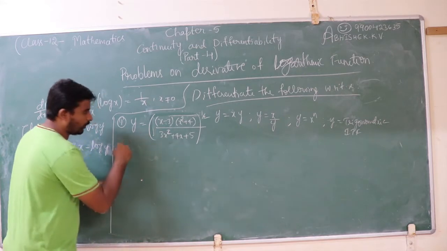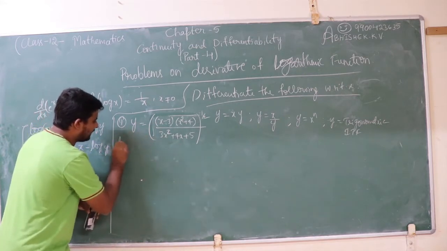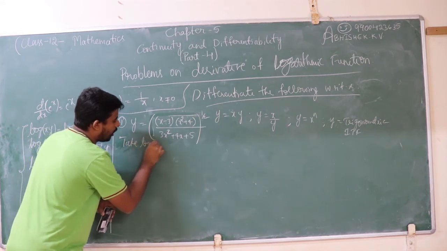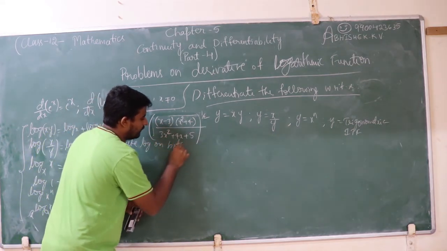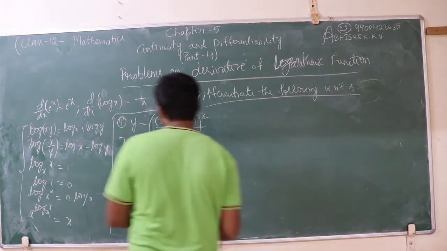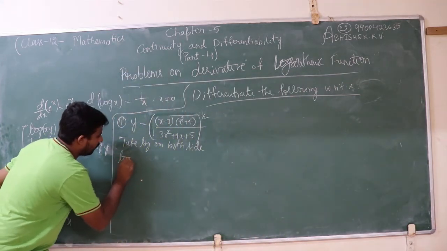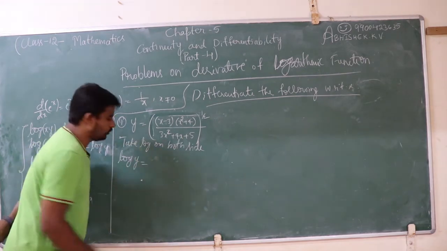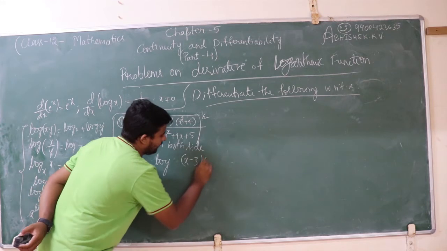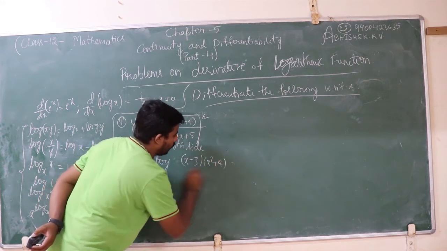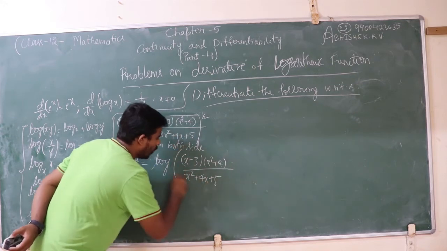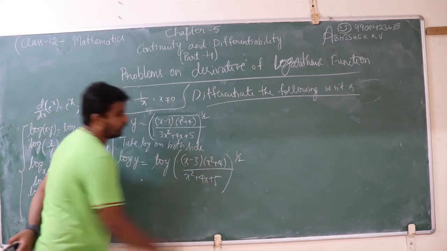So let us say for this kind of problem, let us take log on both sides. Then we will get log y is equal to logarithmic of x minus 3 x square plus 4 whole thing divided by x square plus 4x plus 5 whole thing to the power of 1 by 2.